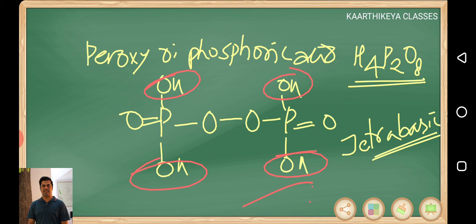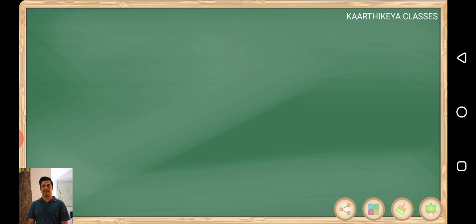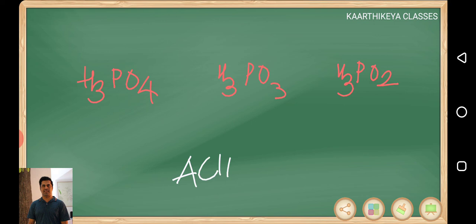Okay. One line I would like to add here and I will wind this one up. In general, students make a mistake in this question. H3PO4, H3PO3 and H3PO2. If these three compounds are given, they may ask you which is more acidic in nature, the acidic strength.